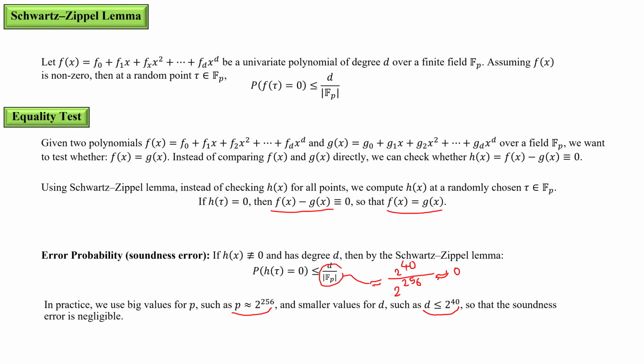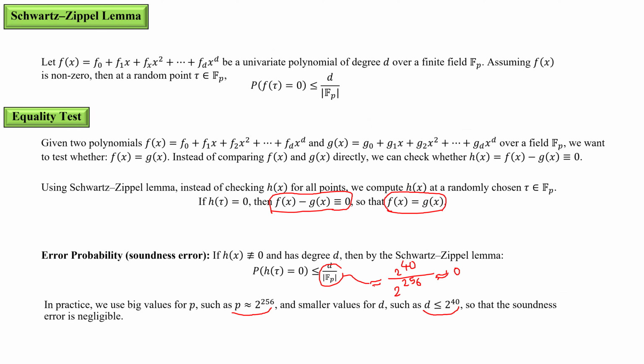And if h of x is equivalent to 0, then f of x minus g of x is equivalent to 0, and you can conclude that f of x equals g of x.